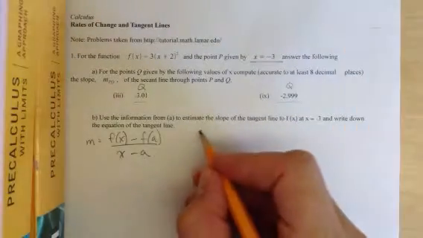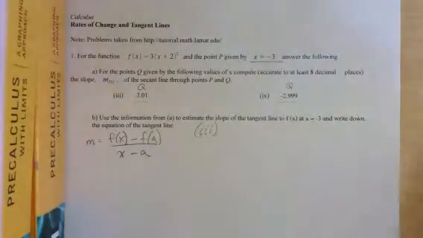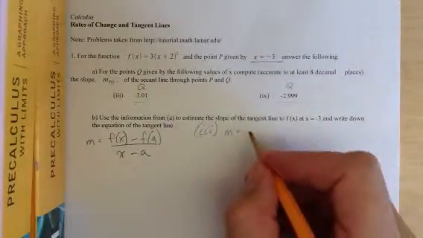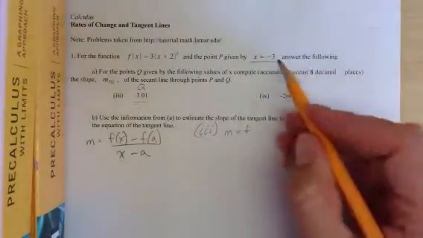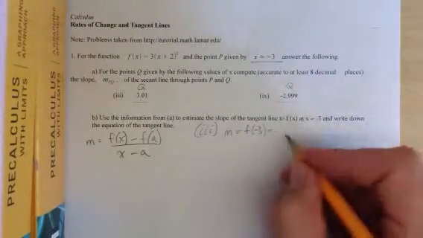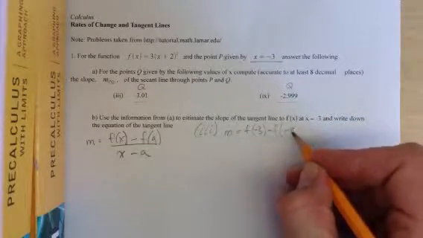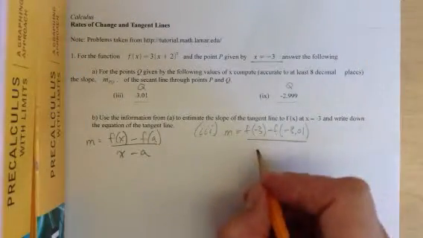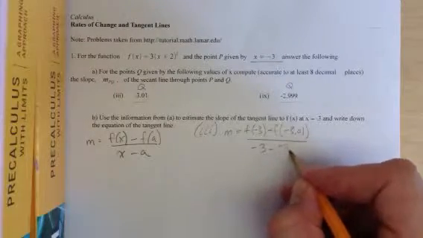So in the case of Roman numeral 3, we've got the slope is equal to f of negative 3 minus f of negative 3.01. Divide that by the change in x values, which is negative 3 minus negative 3.01.